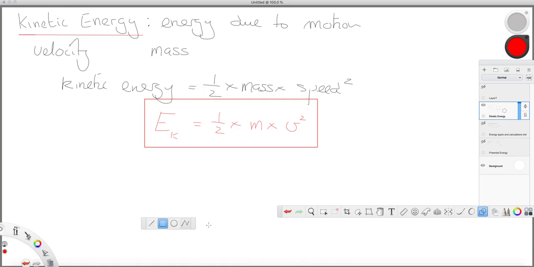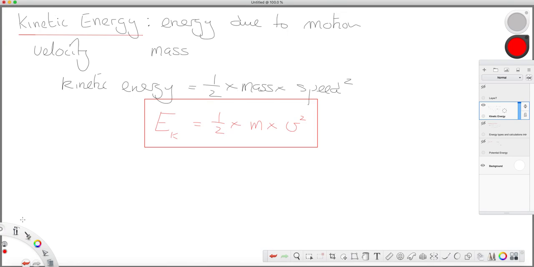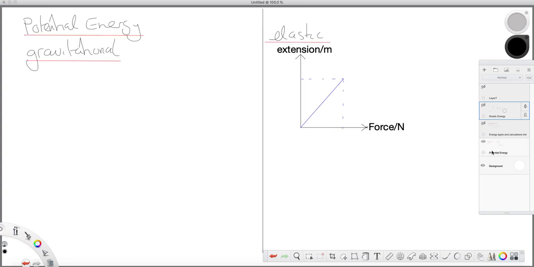And of course, all forms of energy are measured in joules. Lowercase word or capital J. So that's kinetic energy. Let's then look at potential. Two kinds of potential, gravitational and elastic.